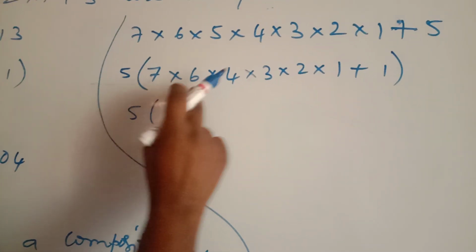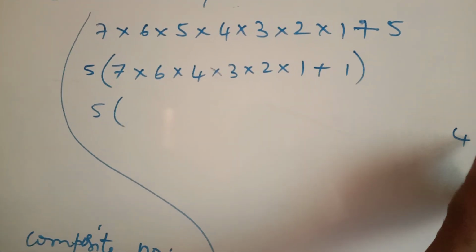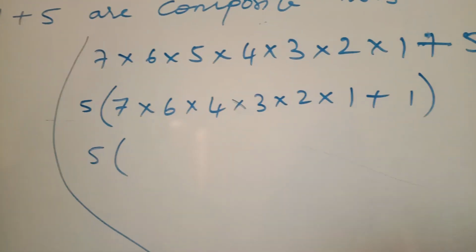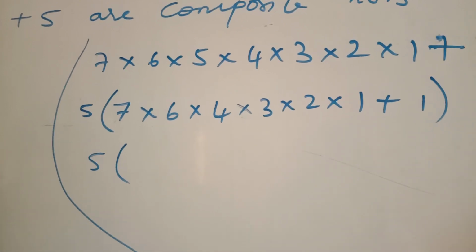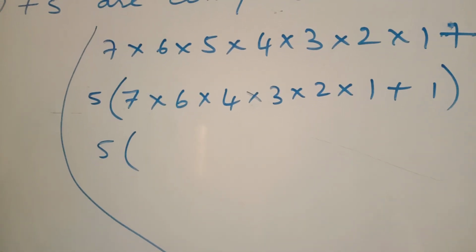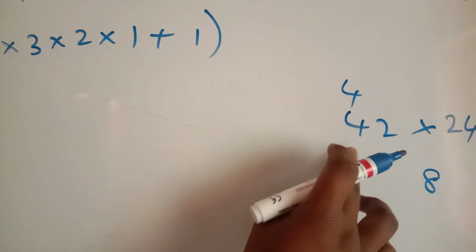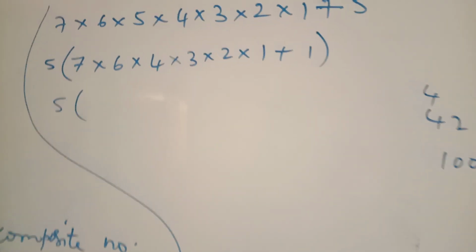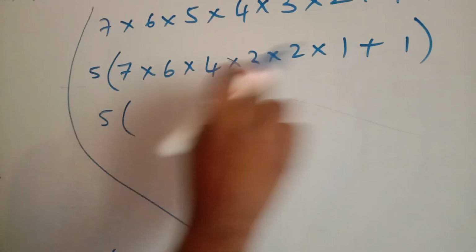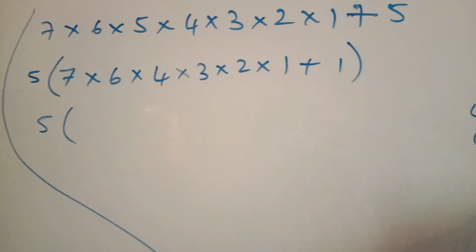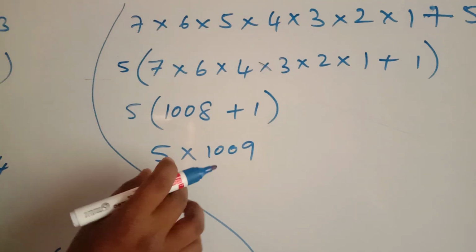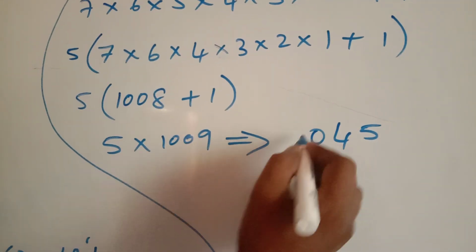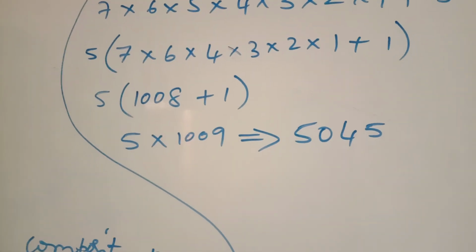So 7 6s are 42, 42 into 4 is 168, 168 into 3 is 504, 504 into 2 is 1008, plus 1 is 1009. Multiplying by 5, you get 5045. So 5045 is a composite number.